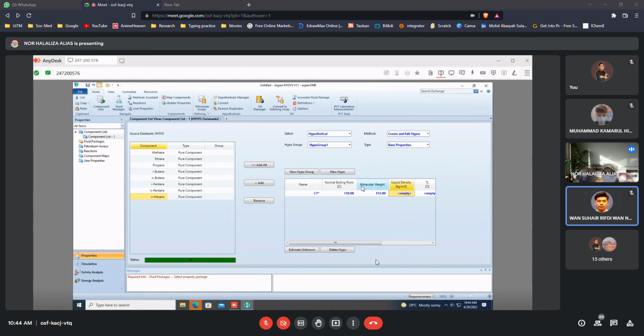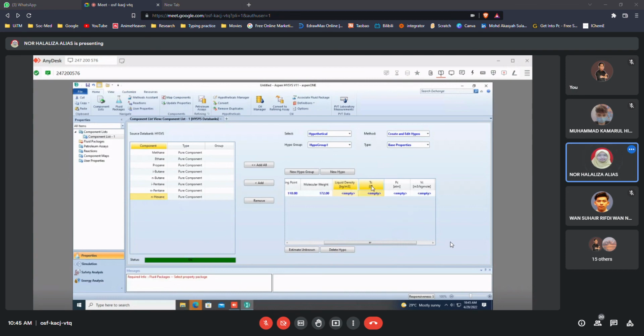Yes. So after normal boiling point and molecular weight, you nampak tak ada liquid density? You pakai cursor drag kat bawah ni. You boleh nampak liquid density, TC, PC, VC, ni semuanya empty.